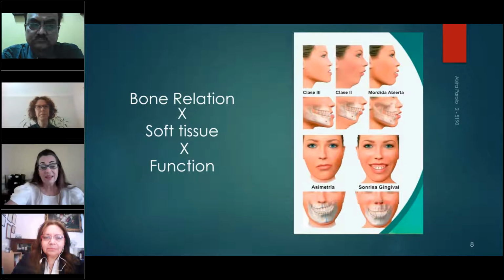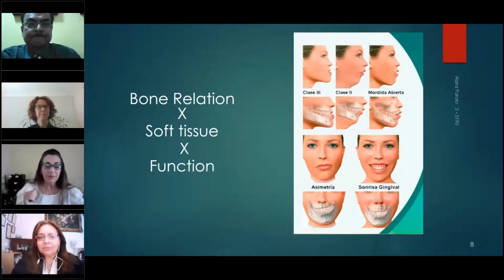For example, the tongue posture of a class 2 patient is interdental, but the posterior portion is pretty high. The class 3 patient, on the other hand, also has an anterior tongue posture, but wide and hypotonic.